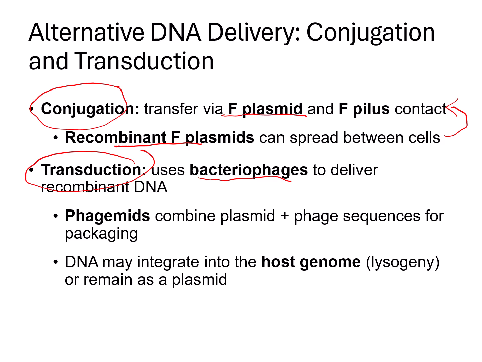So bacteriophages, we saw in previous chapters, carry DNA between bacteria. So we can create engineered hybrids called phagemids, and these combine plasmid and phage sequences, enabling efficient packaging into phage particles. Once they're delivered, the DNA may integrate into the host genome. This occurs during that lysogenic cycle, also known as lysogeny, or remain as a plasmid.